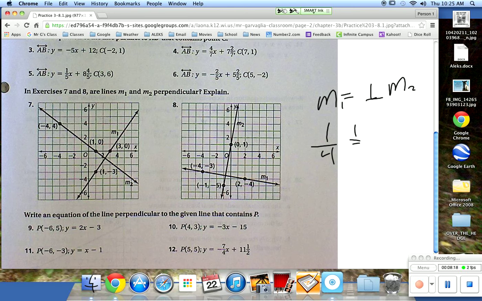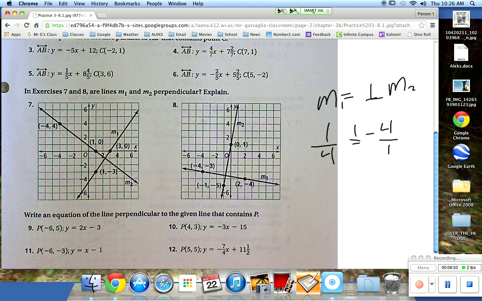Invert and make it negative. 4/1 and make it a negative. How do we make a perpendicular slope, Katie? Invert it and make it negative.